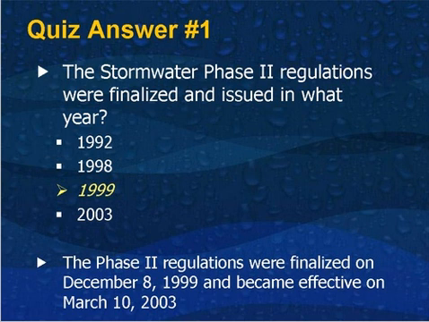Okay, so let me give you the breakdown. 16% said 1992. Okay, that's obviously wrong. 1998, we had about 19% answer that one. 25% got it right. Okay, so a quarter, but that's not really a passing grade, folks. And then, oddly enough, 40% said 2003.